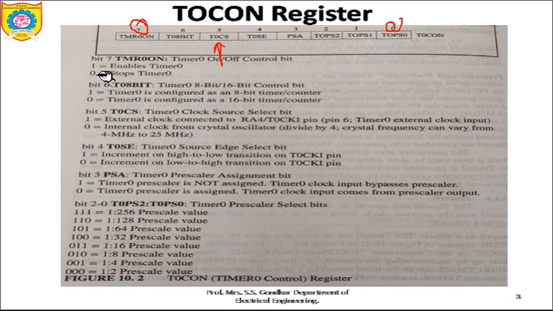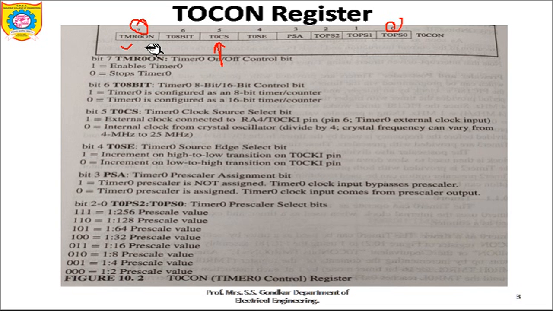Here, bit number 7 is TMR0ON, timer 0 on. You have to turn the timer on or off, and for that purpose bit number 7 is used.